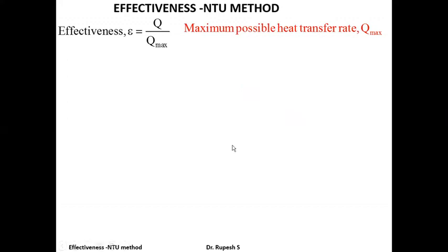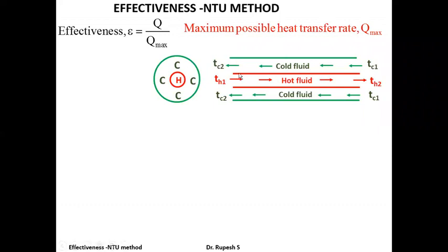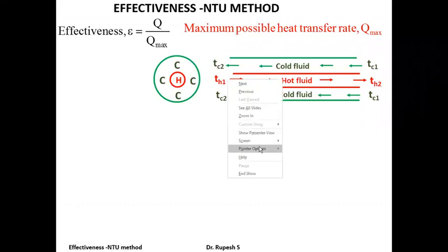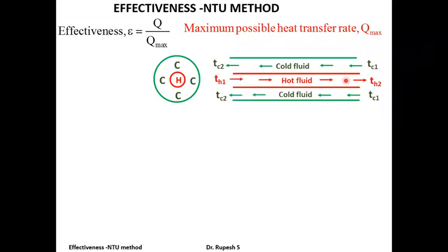Consider a double pipe counterflow heat exchanger. Hot fluid flows through the inner tube in one direction and cold fluid flows through the space between the outer and inner tube in the opposite direction as shown in the figure.